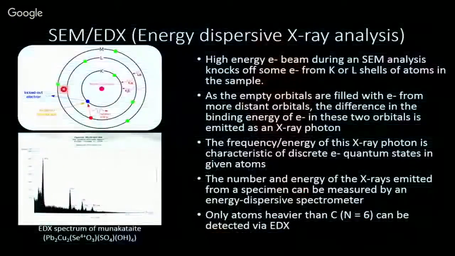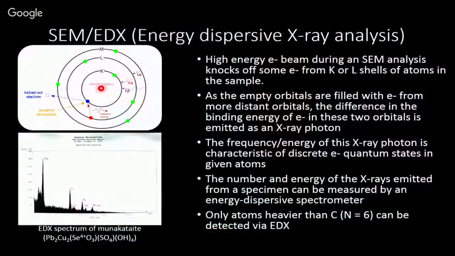So what happens with EDX? You're using electrons to essentially, so look, this is an atom, and the electrons are kind of circling around it. That's a classical view, not really true, but in a way. So what happens? You have an electron that comes and kicks out one of the electrons from the inner orbitals.